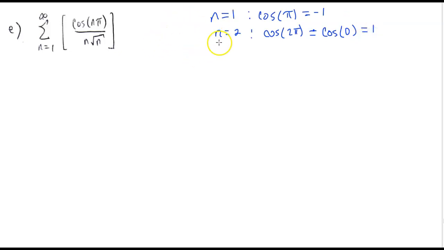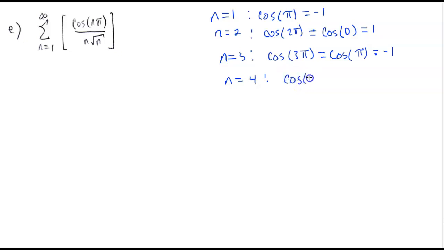Okay, so I'm going to write out a few more of these to make my point. Cosine of 3 pi is the same as cosine of pi, which is -1. And when n is equal to 4, cosine of 4 pi is the same as cosine of 2 pi, which is the same as cosine of 0, which is 1.